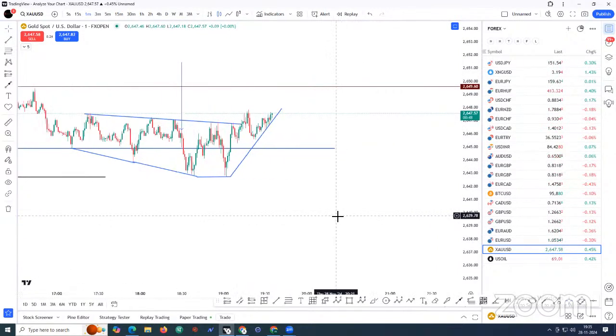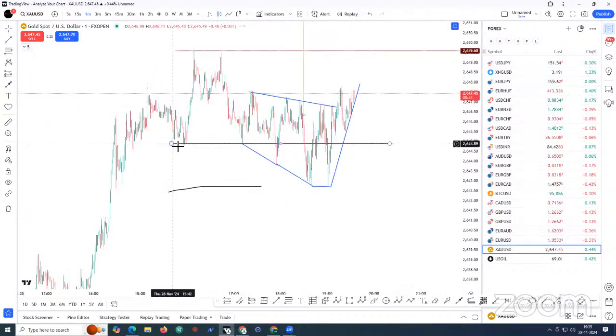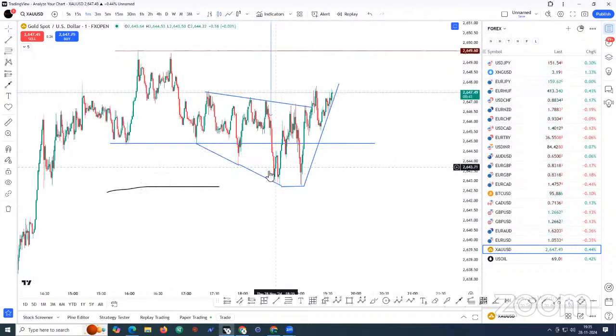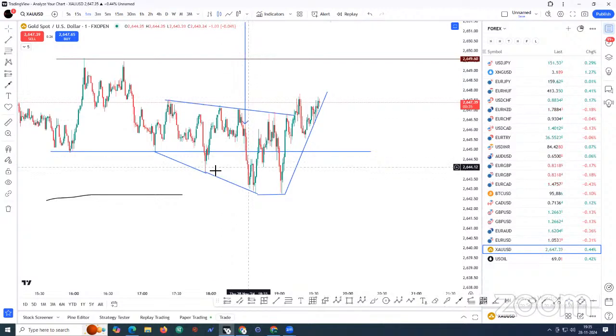Okay. Any opportunity, or I would like to look for the sell because of this particular red candle. Here at this particular point, a normal, smaller change of character has happened. So I would like to sell here.